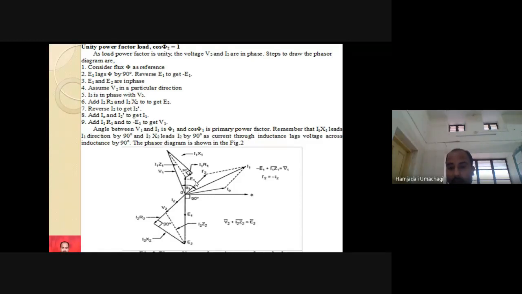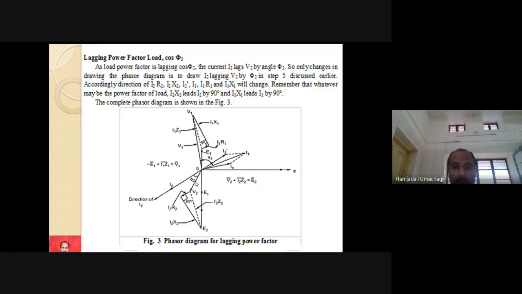For that sake, for tomorrow's class I have taken today. If possible, I may engage your class tomorrow only after 2 o'clock, like 3 p.m., or else I may not engage. So tomorrow's class I have taken well in advance today. Today just go through this concept and try to draw this phasor diagram once again. Is it okay, all of you?